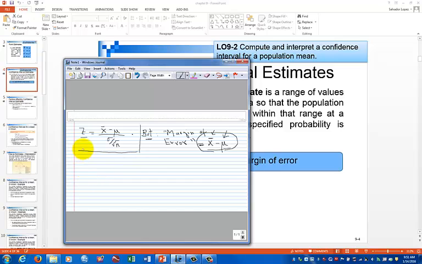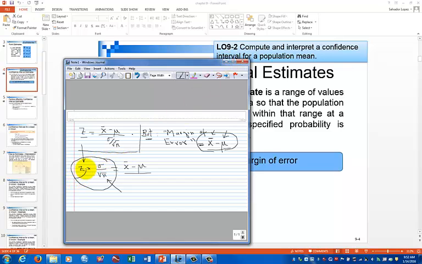Solving this formula for x bar minus mu, we just multiply by sigma over the square root of n on both sides. So therefore, the margin of error is equal to this. So that is the margin of error we're going to use in our confidence interval estimation.